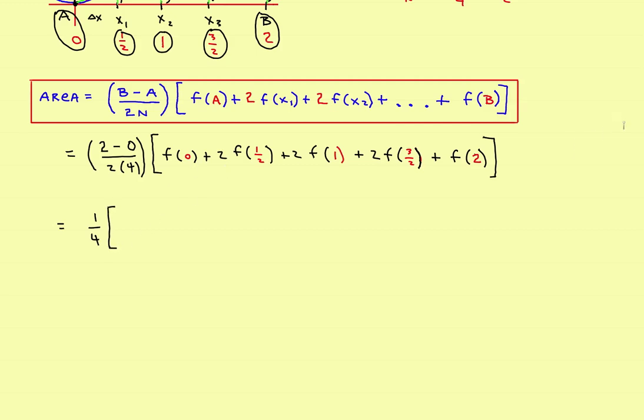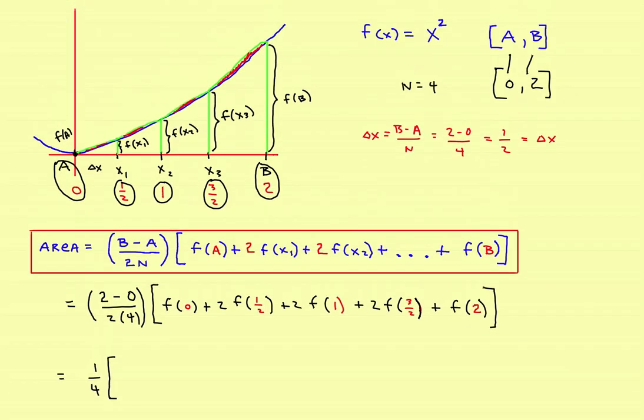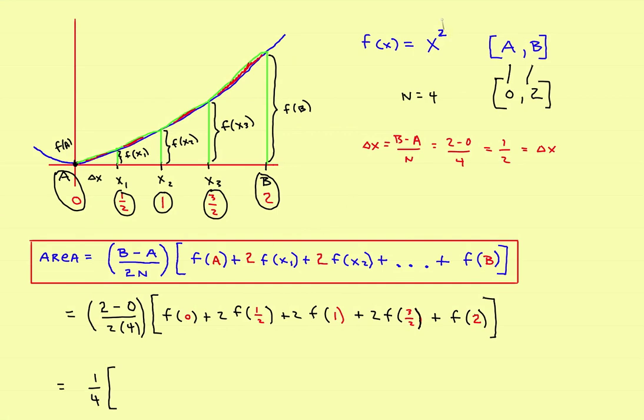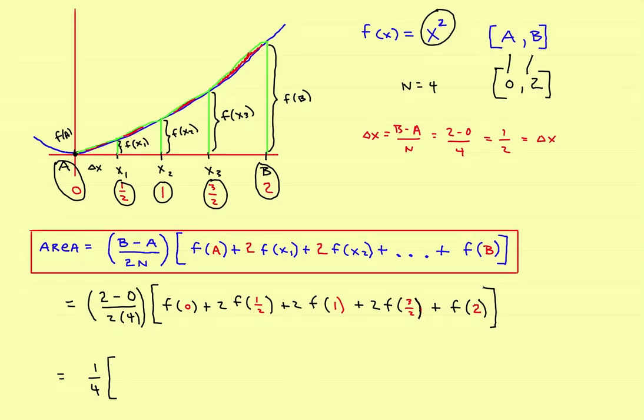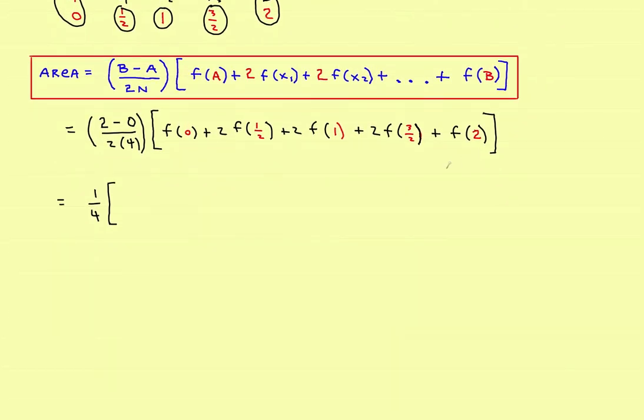Now for these, just take the 0, and again, take the 0 and plug it into x squared up here. So that's going to give you, put a 0 into x squared, and you'd have 0 squared. Then you've got plus twice. Now plug a 1/2 into x squared.